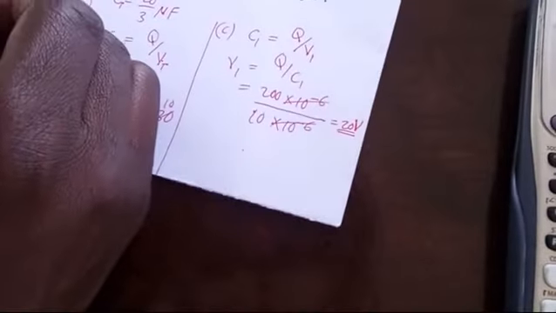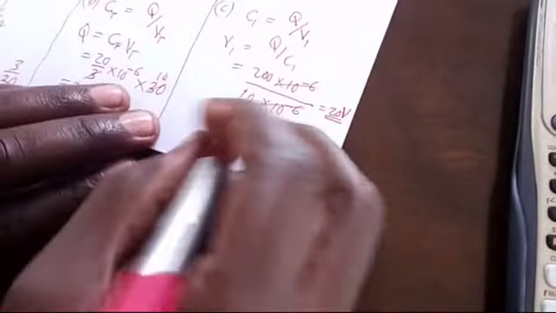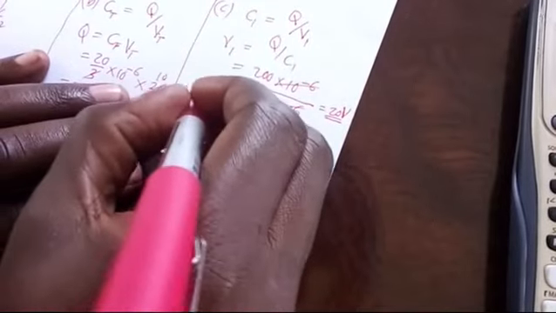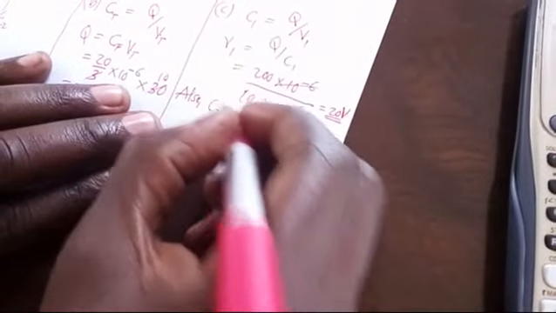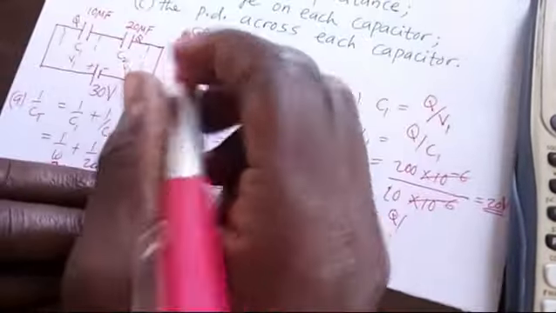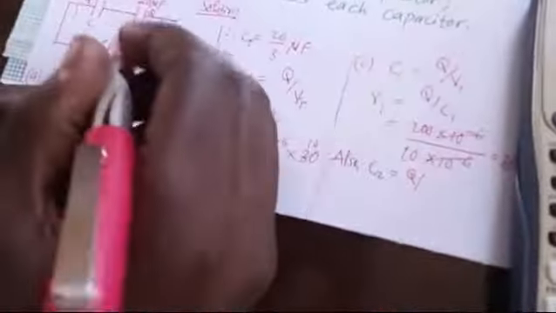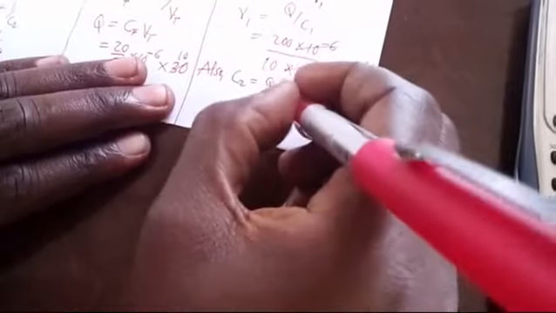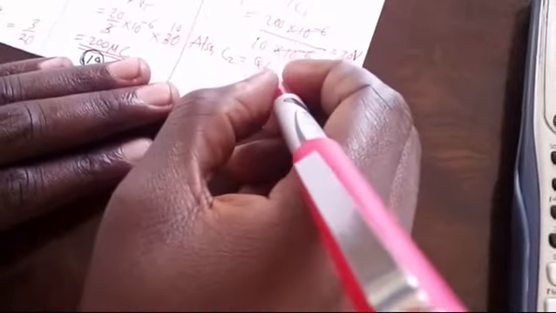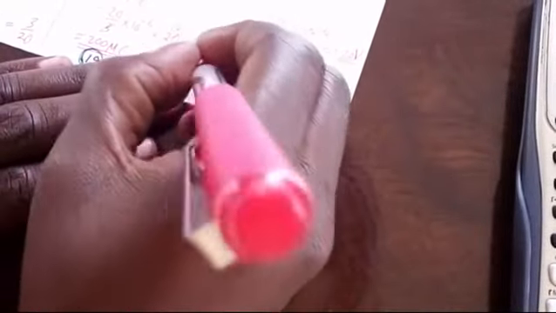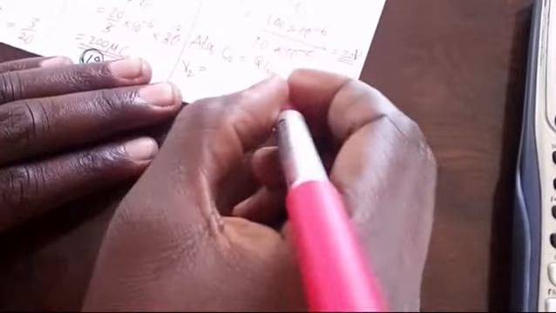Next, you can apply this formula to the second capacitor. C2 is equal to the charge stored divided by the PD across it, V2. Now make V2 the subject of the formula: V2 is equal to Q over C2.